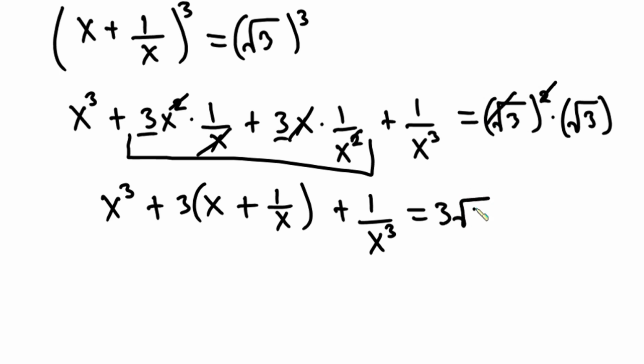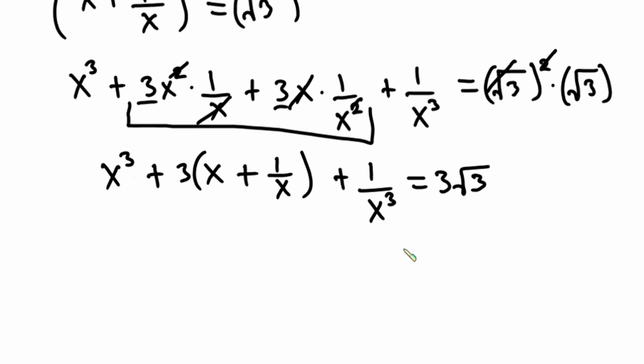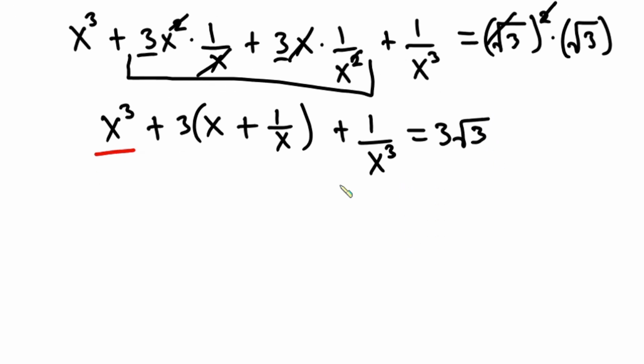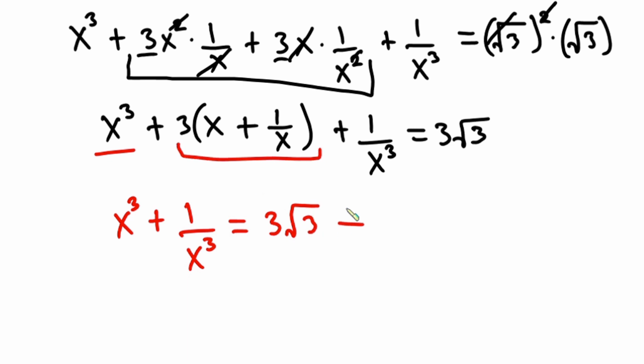times root 3, right? Now we see that this term and then this one are the same powers, so let's group them. So we have x to the third power plus 1 over x to the third power is equal to, I'm going to write this one, 3 root 3 minus this term, right? So we have 3 times x plus 1 over x.